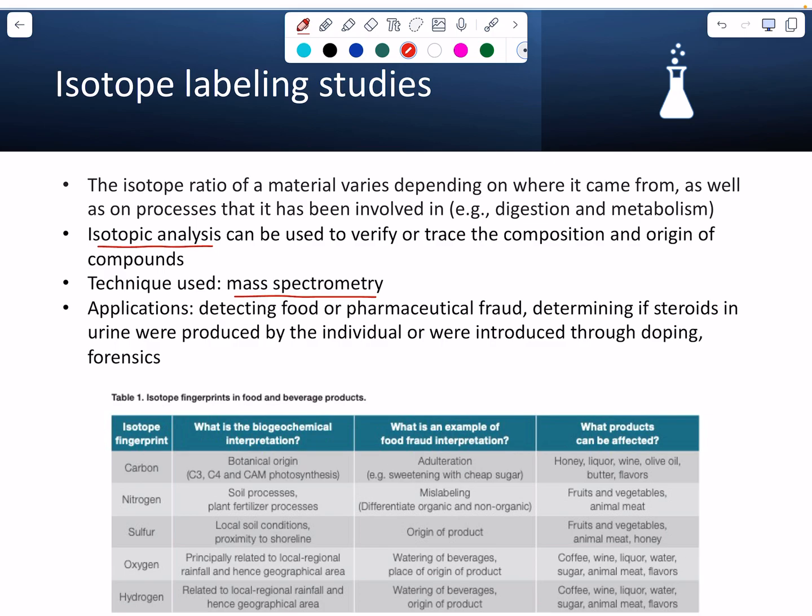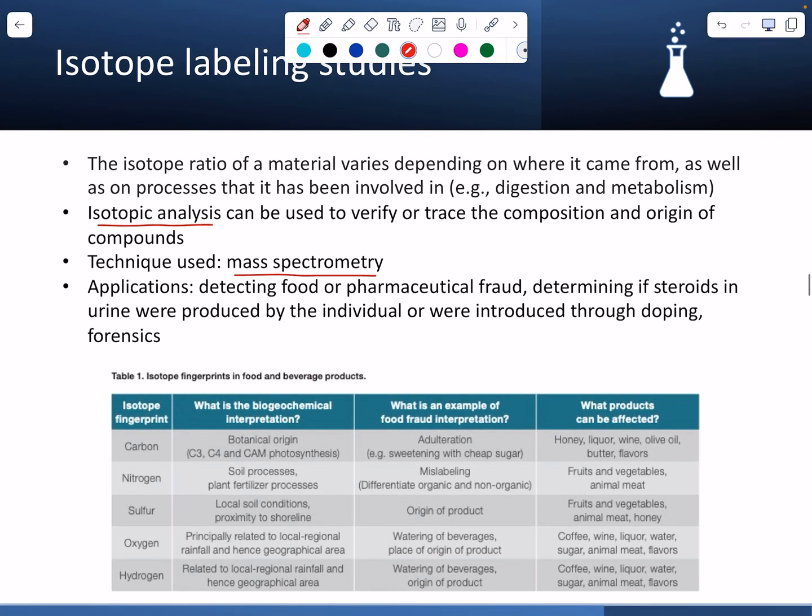So it's become a really important technique for detecting fraud in pharmaceutical manufacturing or food manufacturing, and this can be a real problem, both as a danger to the consumer who's consuming that product, if it's adulterated with some type of harmful material.